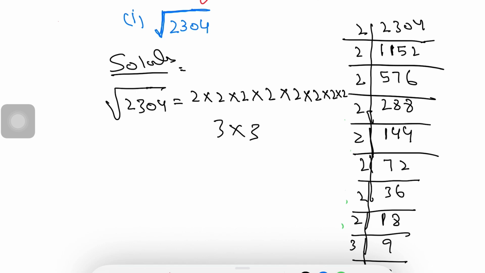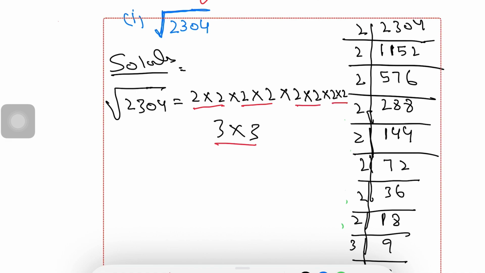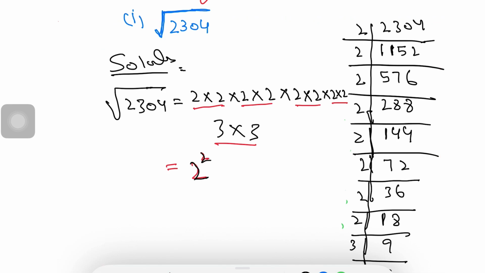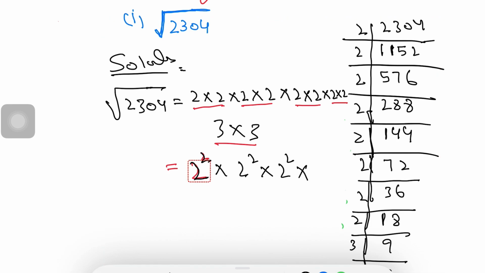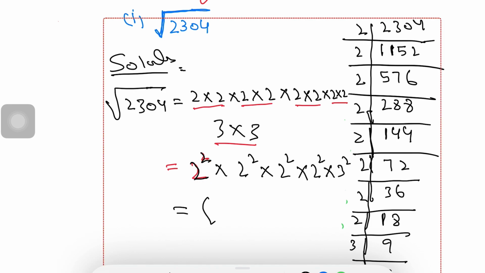So here we choose the factors in pairs. Okay, 2 factors make 1 pair. So here 1 2 3 4 and 5. So we write 2 power 2 multiply 2 power 2 multiply 2 power 2 multiply 2 power 2 multiply 3 power 2.